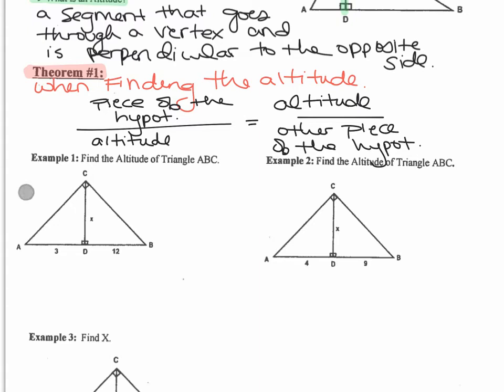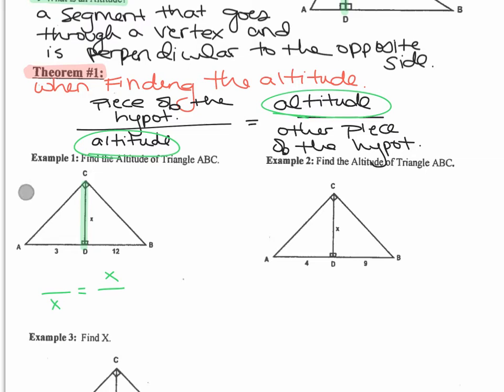So let's look at example 1. I'm going to highlight my altitude. What is denoted for my altitude? Well, it's x. So I know it's going to be something over x equals x over something, because the altitude is always in that position. So now it's the piece of the hypotenuse over the altitude.